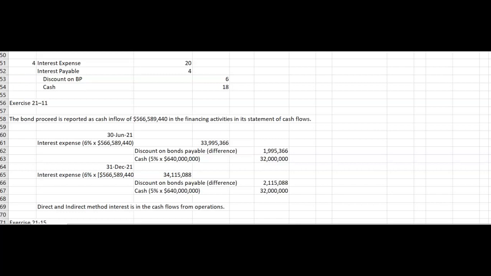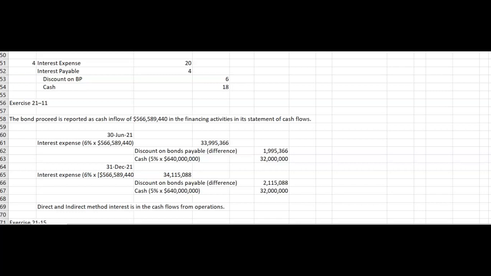It is the cash received, not the actual face value of the bond. So that would be, in the finance section, an increase in cash of $566,589,440.